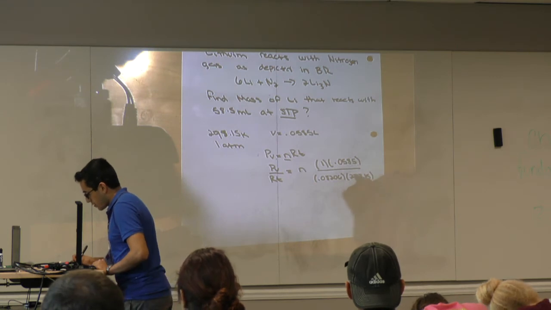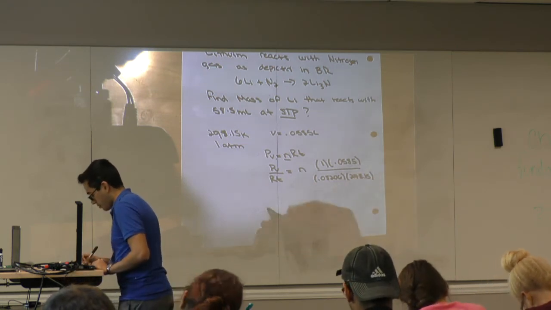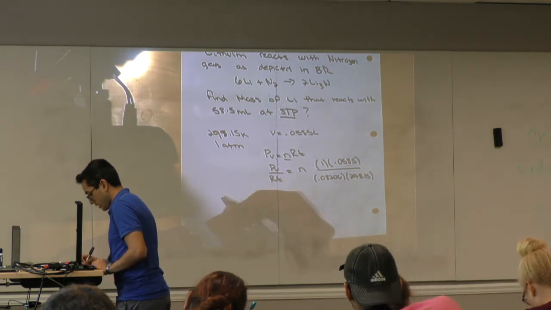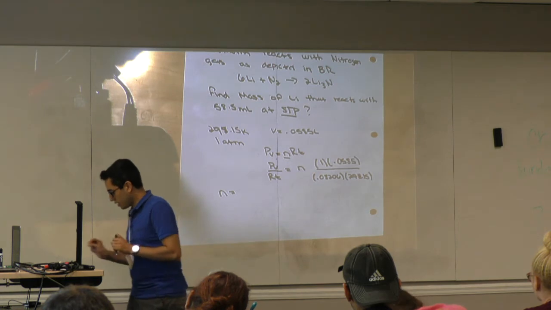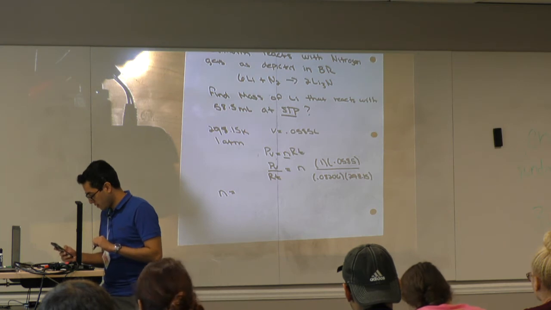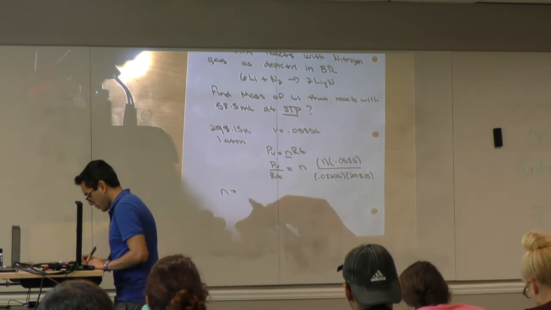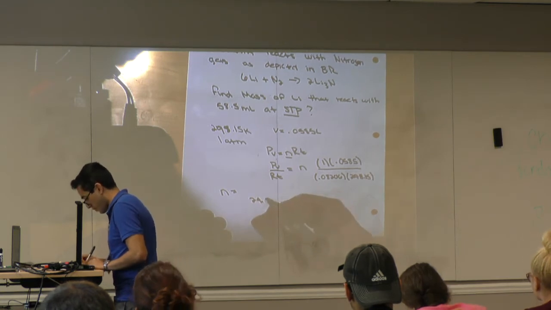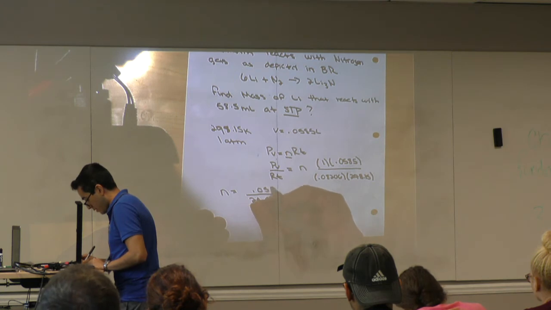And so we adjust that to 298. And then we can multiply it through and solve for moles, right? And so we get 0.08206 times 298, which is 24.46, and we divide 0.0585 by that.